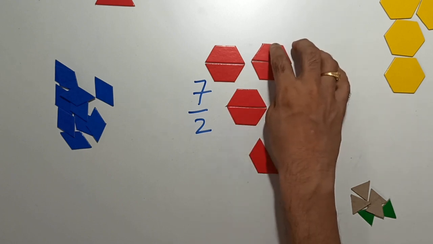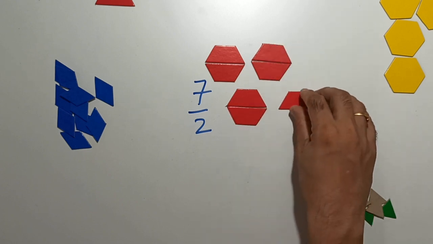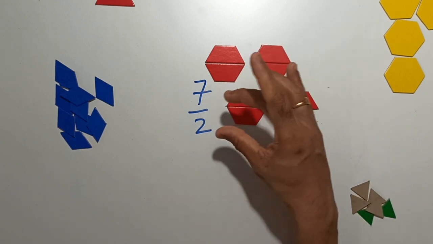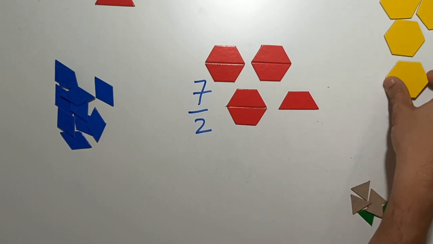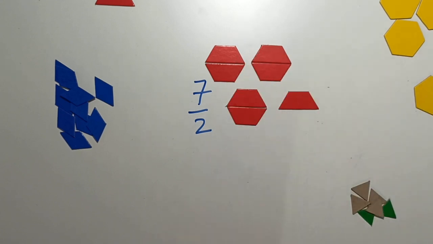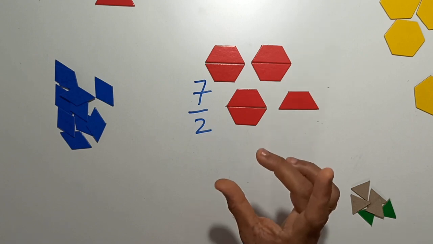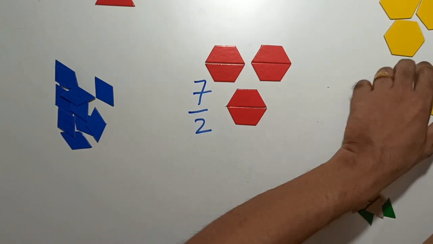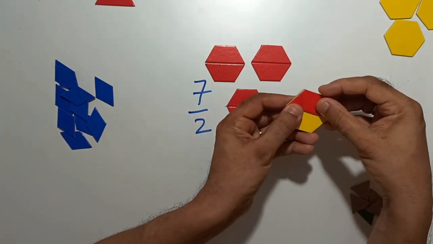Okay, now I've got these same 7 pieces arranged in the form of whole pieces. How many wholes do I have? How many full pieces do I have?